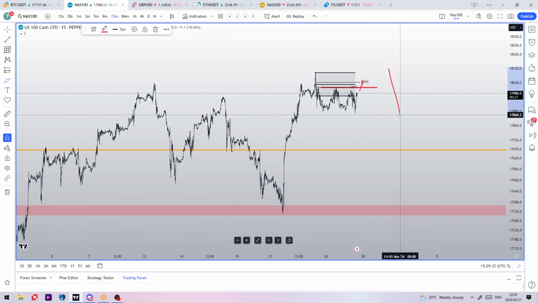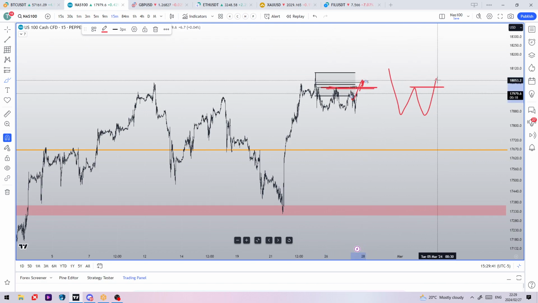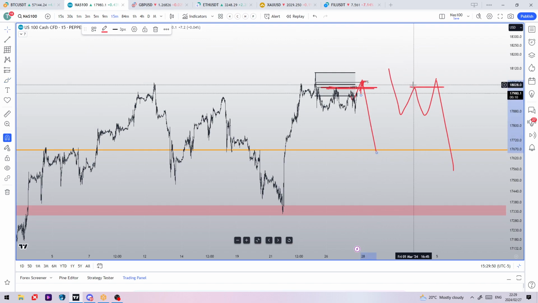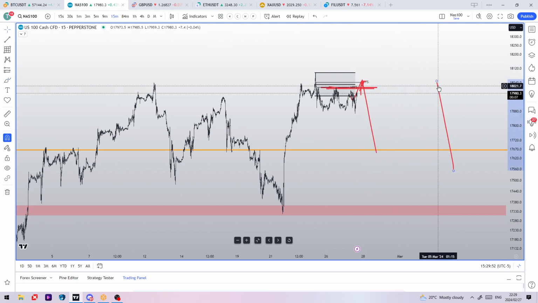It gives you this structure like this. We turtle soup there, which is what we expect here. Turtle soup. Sell off. Turtle soup. Sell-off. That will get me more in the mood to see lower prices, right?